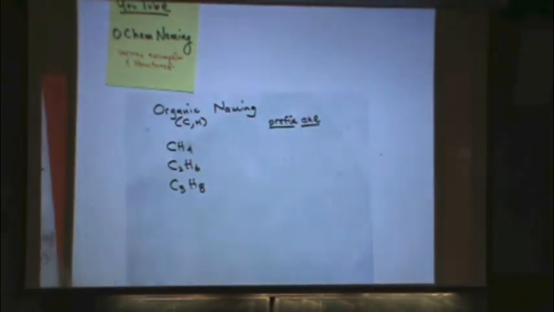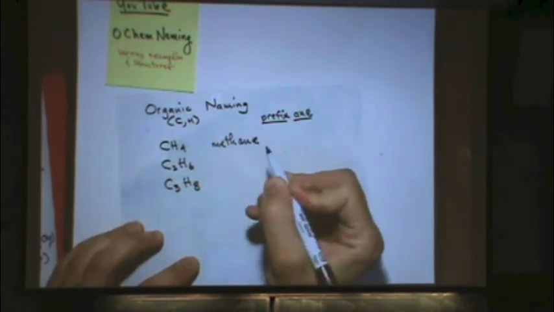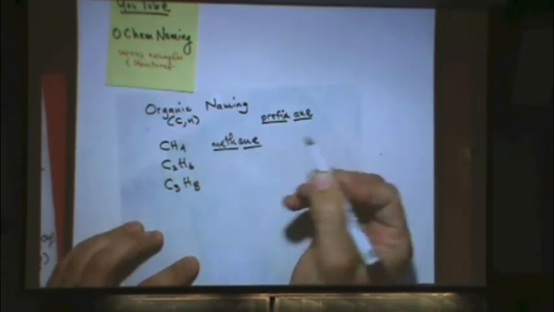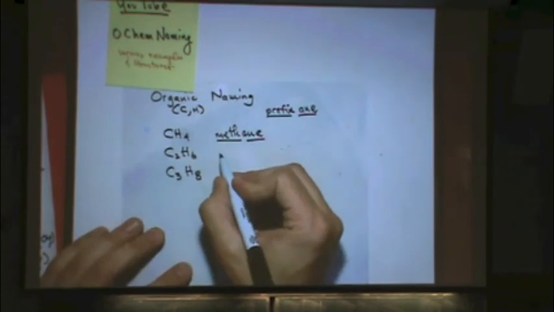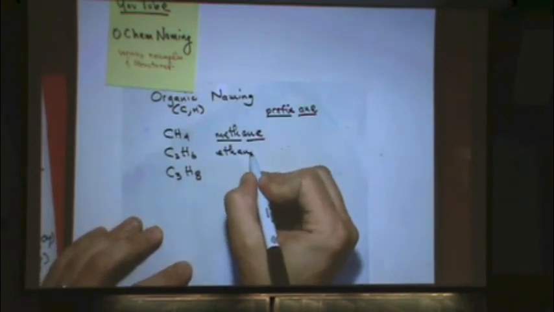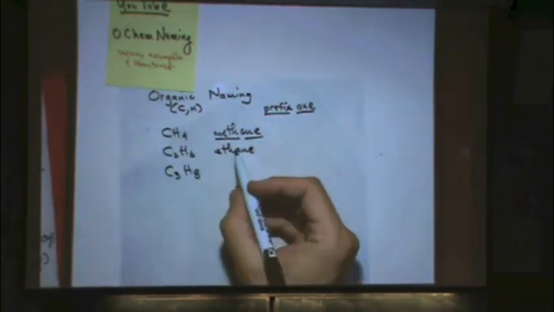So, in this case, 1 carbon, METH. So this first one is methane. 2 carbons in the next one is the prefix ETH. This is called ethane. 3, just like propeller, for 3, propane.